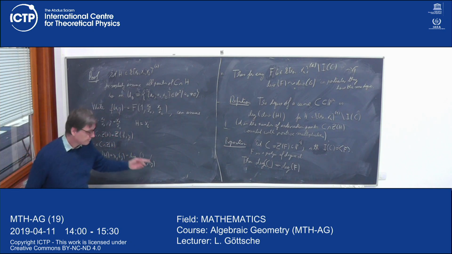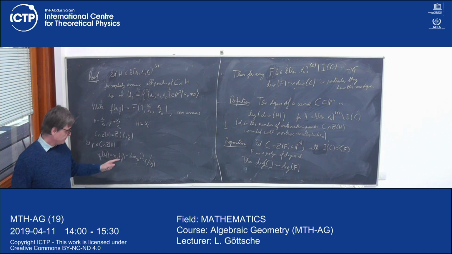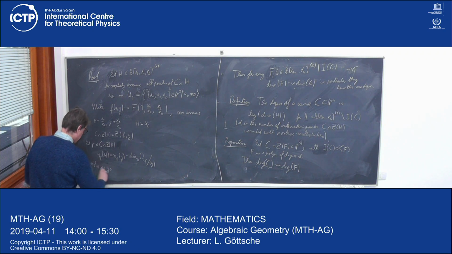Let me just say again: if the multiplicity of this is mu of P, it means that we can write y equal to t to the mu of P times a unit, which is the same as saying that y is an element in the maximal ideal at P to the power mu of P.